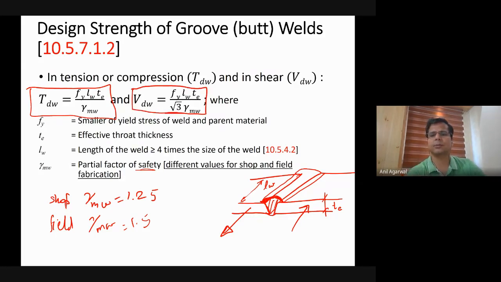So that is the shear capacity. Again Fy, but instead of Fy, we use Fy by root 3, times the same cross section area LW TE, and again gamma mw, which depends on whether the weld is done in the shop or in the field.